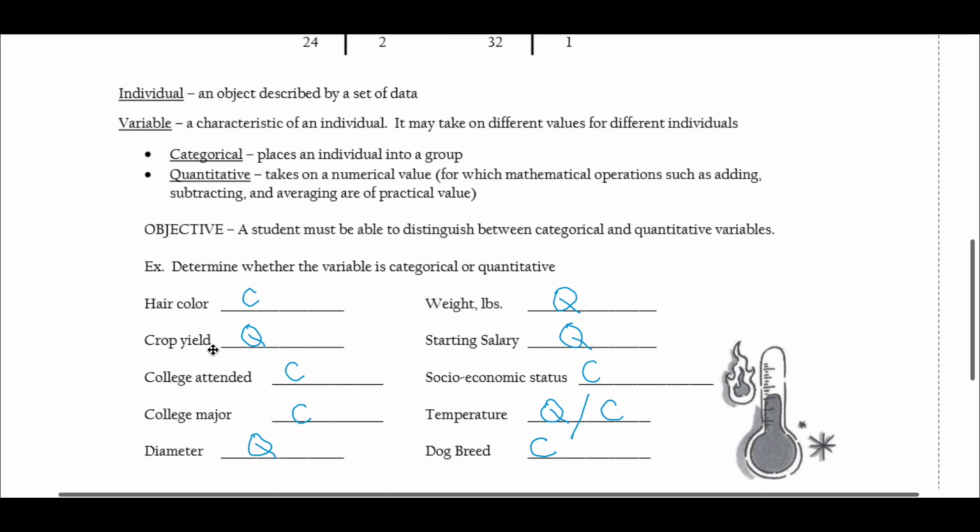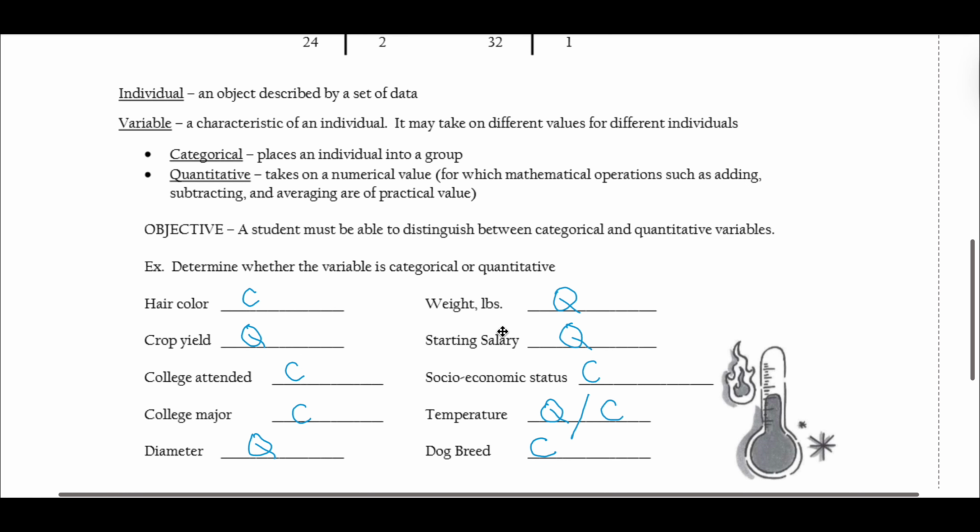And diameter is quantitative. Diameter is double the radius, and it's a very frequently used term in math, so there's no problem with it. And the weight, which is in pounds, is quantitative.